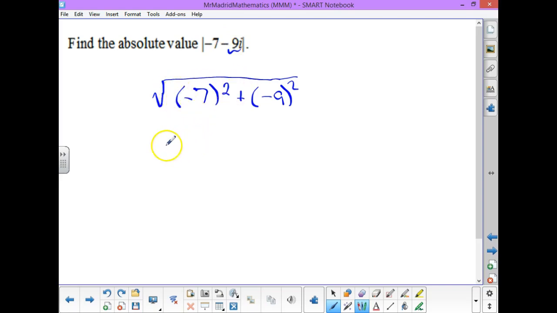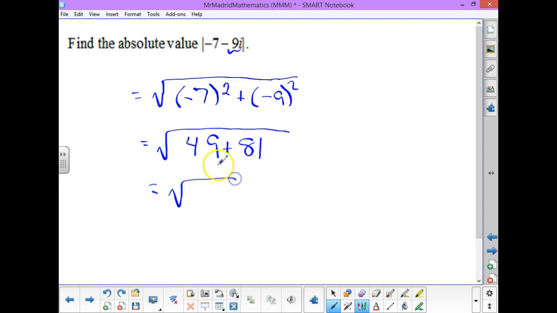This might look familiar to you. It's a distance formula. Again, we can explore that in class. The main thing is, what do we do? Simply substitute this value in here, this one in here, and perform the math. 49 plus 81, which equals the square root of 130. Done and done.